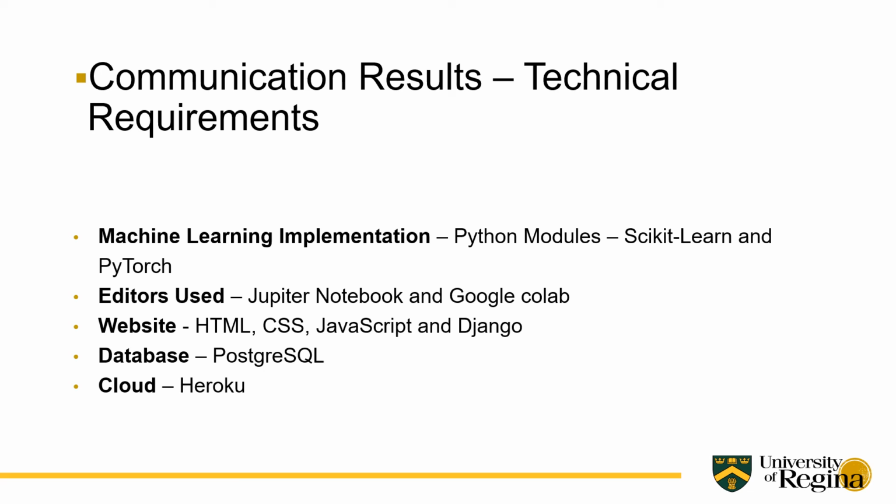And for building the website, we have used HTML, JavaScript and CSS for our front-end design and user interface, and Django as a server framework, which passes the request from the user interface to the backend machine learning. For the database we have used PostgreSQL.